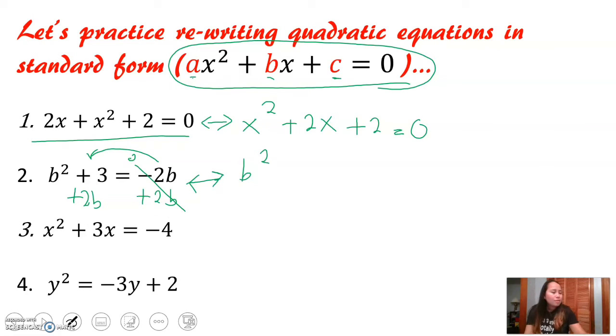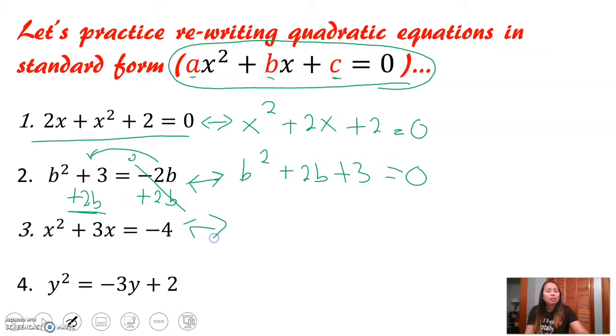So I have here b squared, that's going to be plus 2b, take note of this one here, plus 3 equals 0. Now there's my standard form for equation number 2. If I am too fast, you can always go back to number 2, or you can rewind the video.